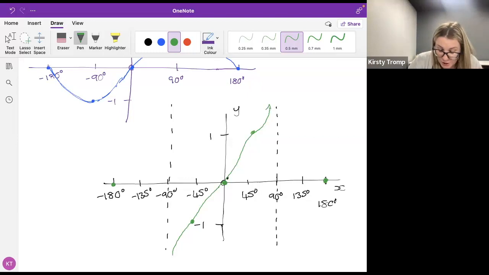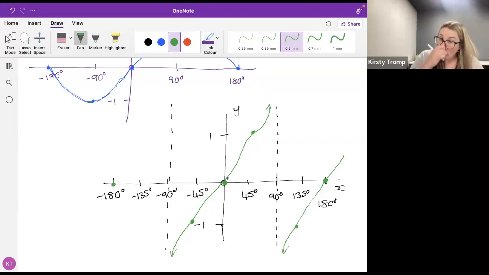What is tan of 135 degrees? Negative 1. Good. So he's never, ever going to touch that asymptote. He's going to go through there and up.